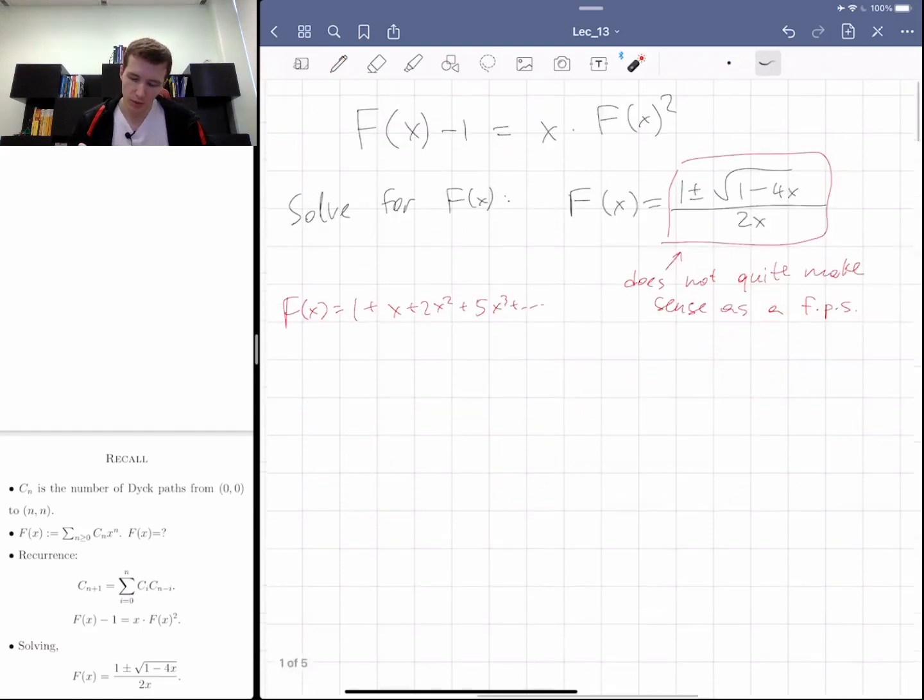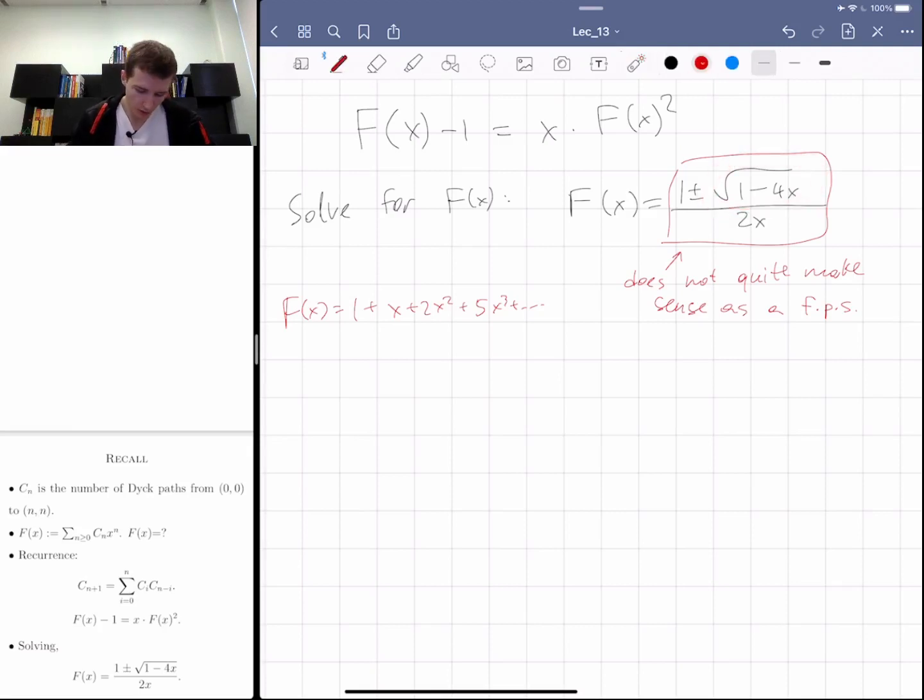The way I'm going to be more careful is to use this expression as inspiration. Even though it contains a square root, which might look scary, like why do we have square roots?